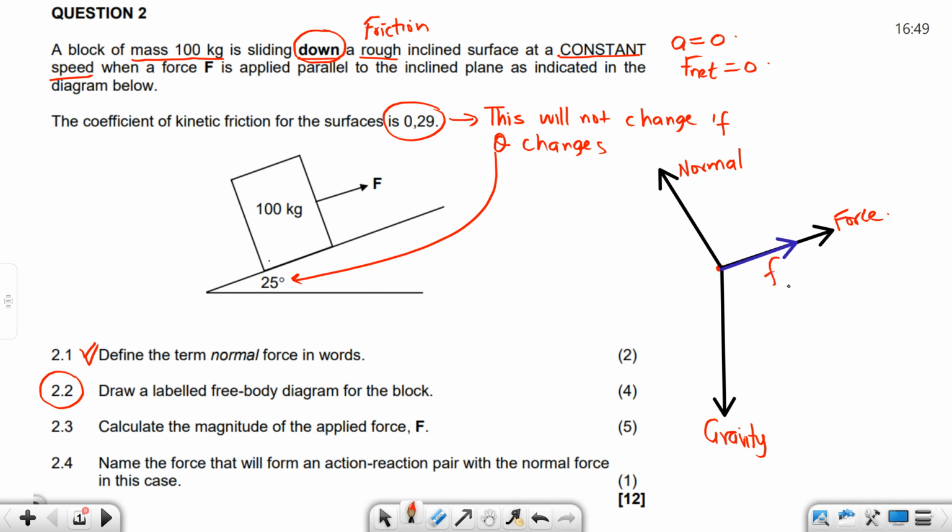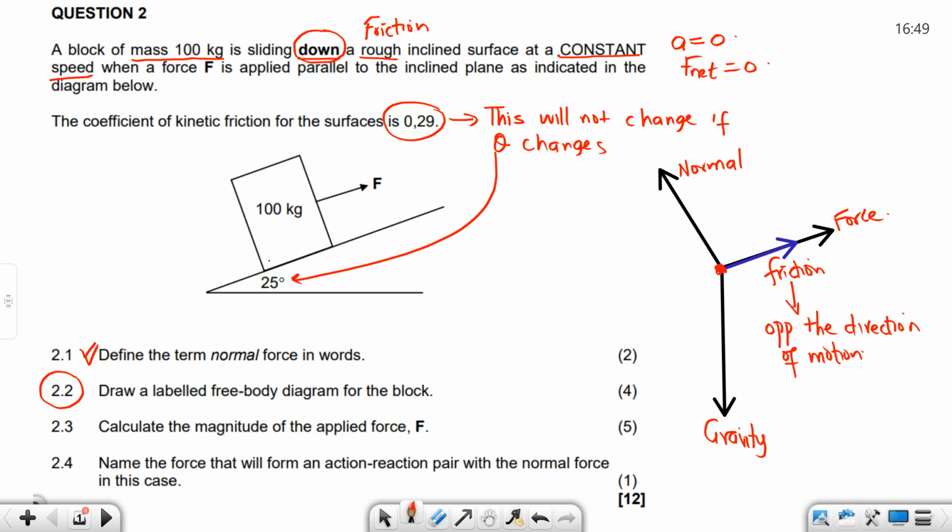Guys, please, let's follow the definition. It says friction is opposite the motion, or opposite the direction of motion. Let's use the correct terms. Examiner wants you to draw it opposite. That's why they gave you this question.